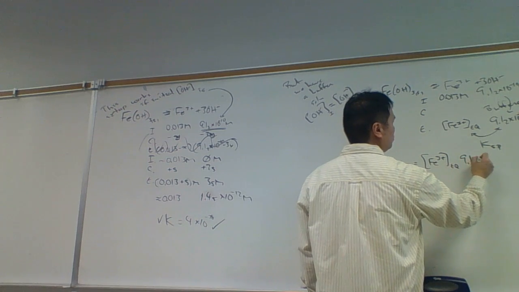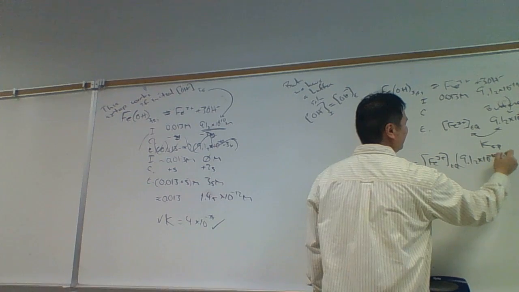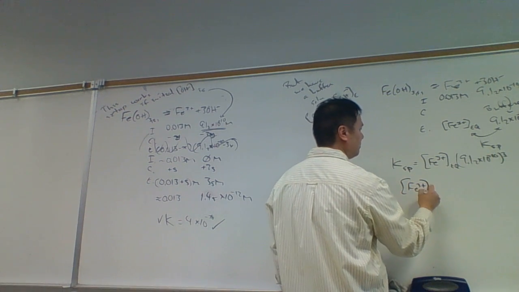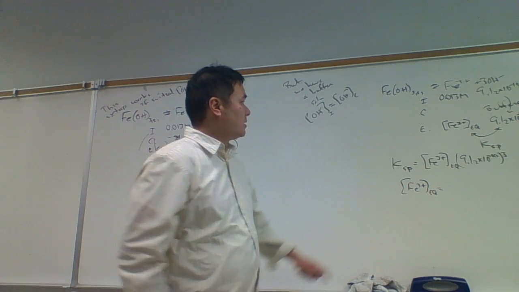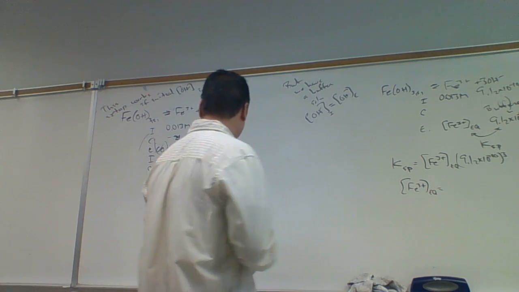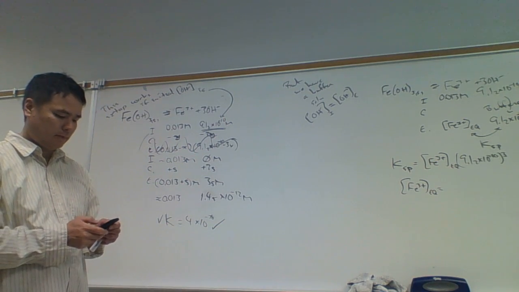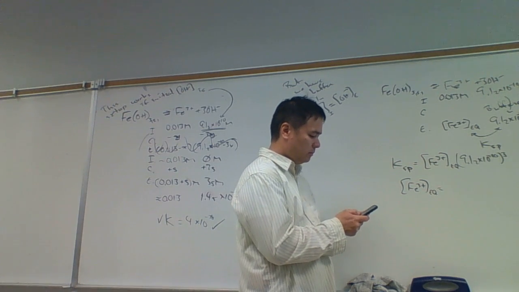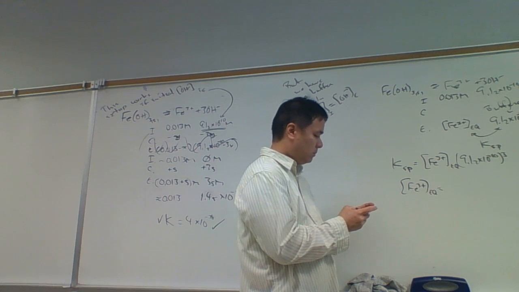times 9.12 times 10 to the minus 10 cubed. And that means the iron 3 concentration at equilibrium has got to be KSP, 4 times 10 to the minus 38, divided by 9.12 times 10 to the minus 10 cubed.